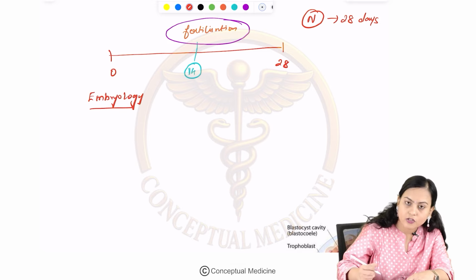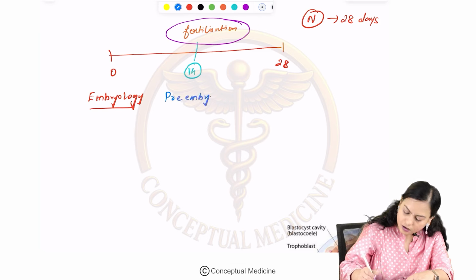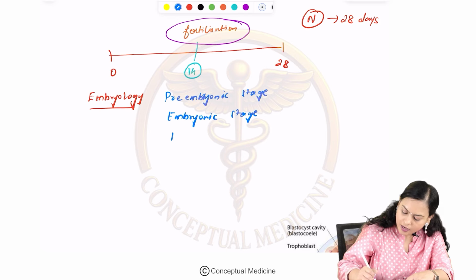we have three stages of fetal development, namely pre-embryonic stage, embryonic stage, and the fetal stage.